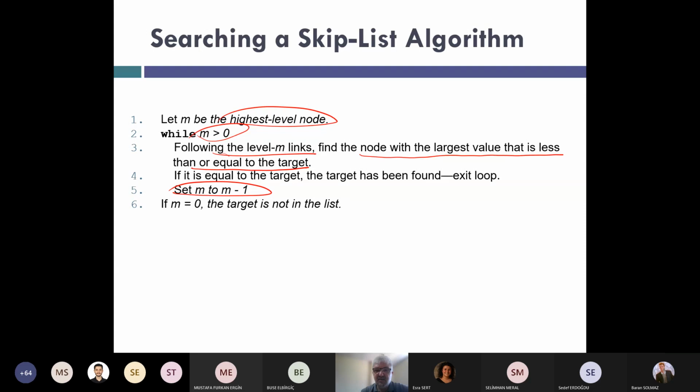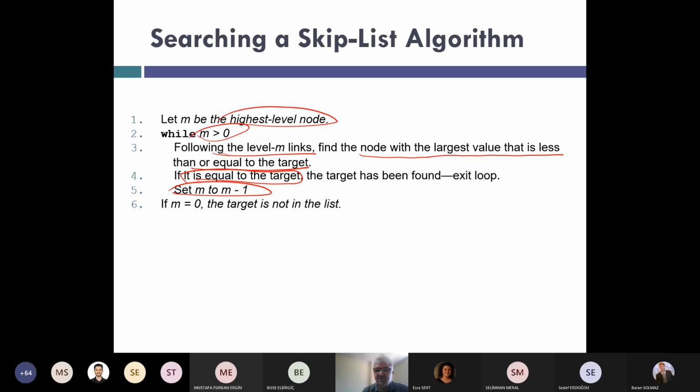And in that node, we continue with one level down, etc., until we find a value that is equal to the target.